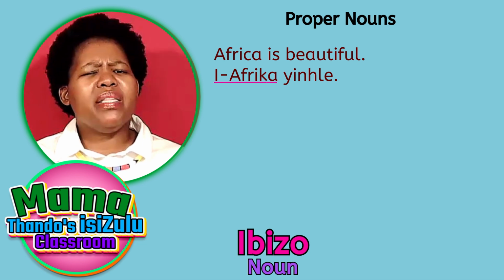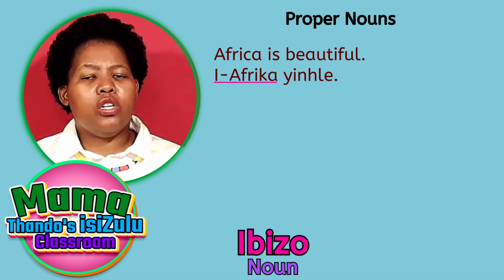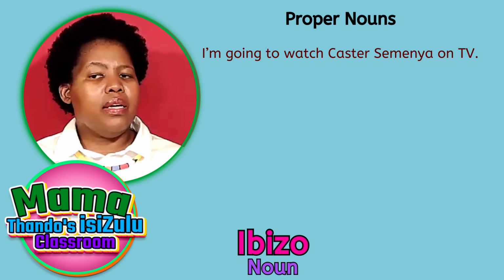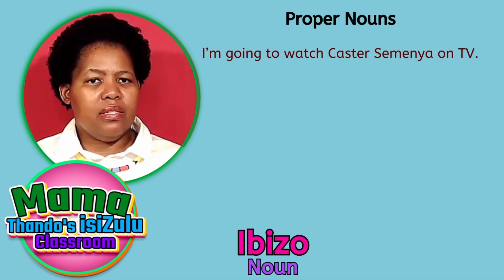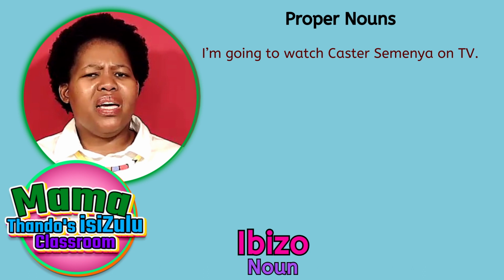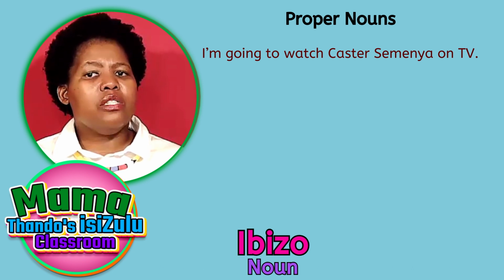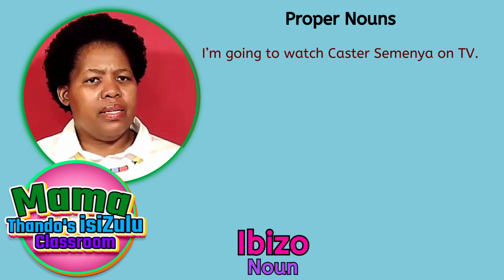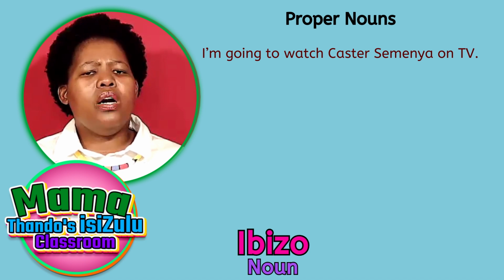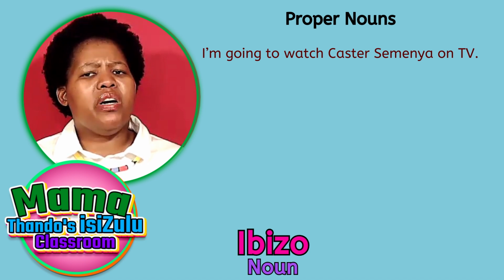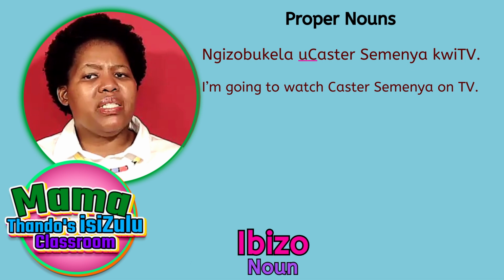But if the proper noun is not the first word of the sentence, say it is in the middle of the sentence, the prefix will be a small letter and not the capital letter or uppercase. Only the first letter of the person's name will be a capital. Look at these examples.